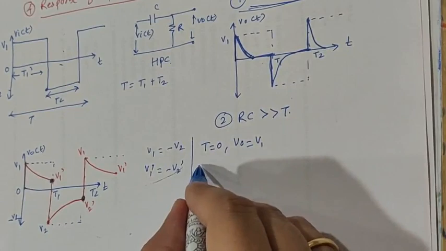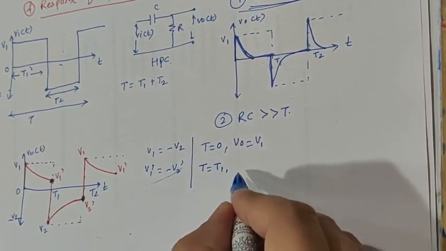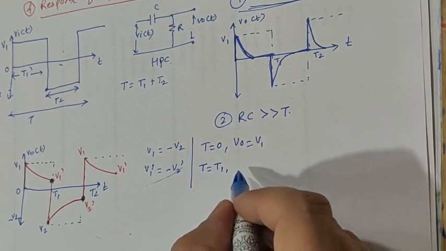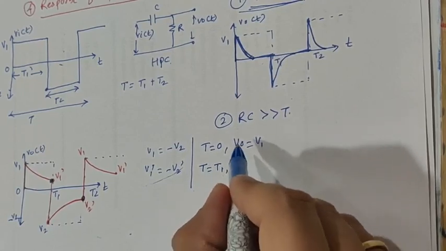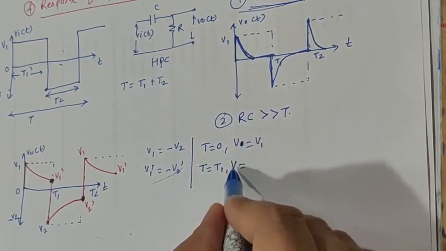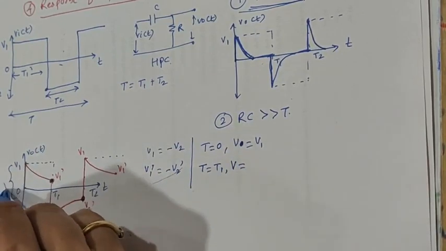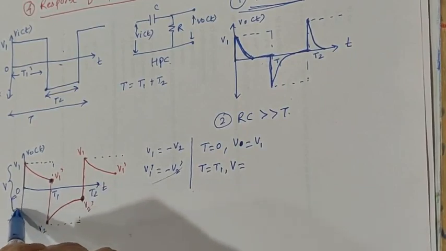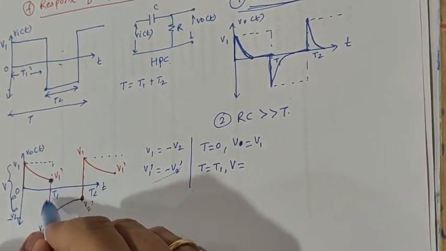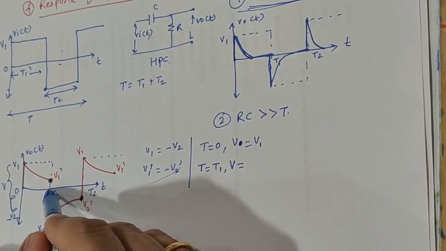Now at t is equal to T1, what is the output? Let us say the output is V, and let me define it as V, not V0. What is V? V is nothing but this voltage. Look at this point, t is equal to T1. The output is the entire red line that you can see.